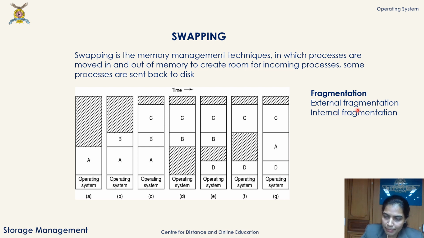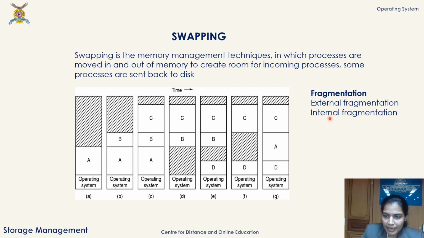So basically fragmentation is wastage of memory. In external fragmentation, the whole partition is free, but we can't assign it because the partitions are not contiguous. In internal fragmentation, the memory is wasted inside the partition, but it's a small amount of memory.